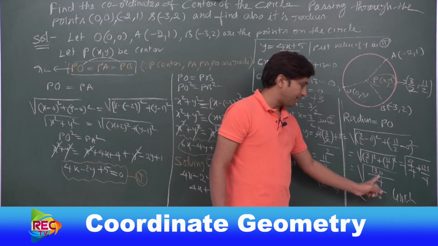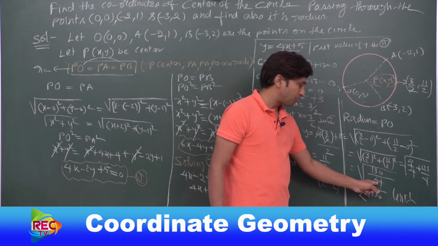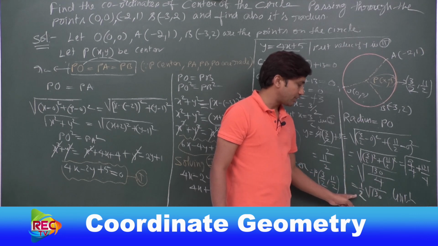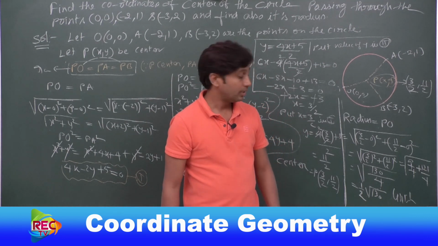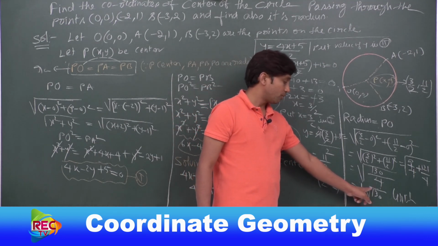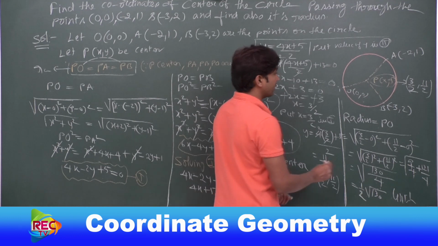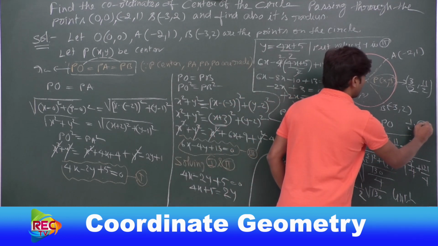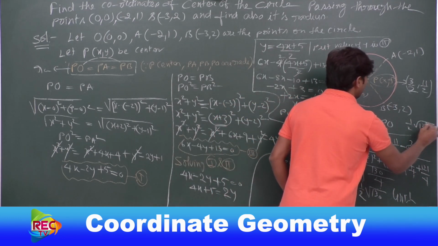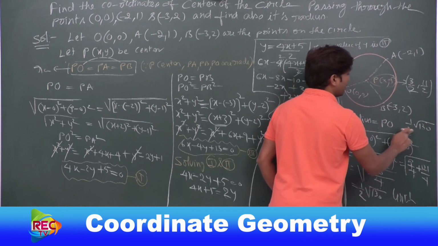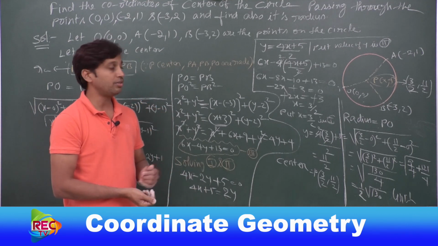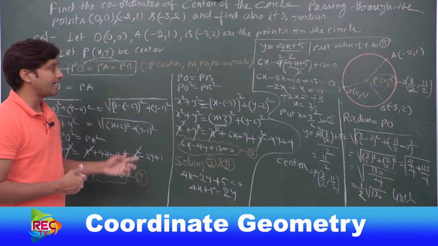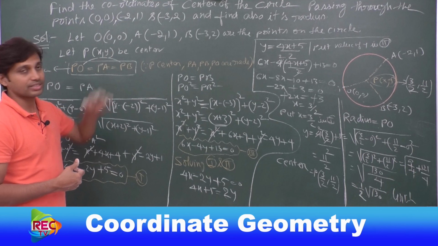Root over 130/4. This 1/4 is pulled out, and we obtained 1/2 outside, and under the square root 130 remained. Understood? So 1/2 into root 130 is the radius. That's the radius. This is the way to find the radius for the given diagram and conditions.